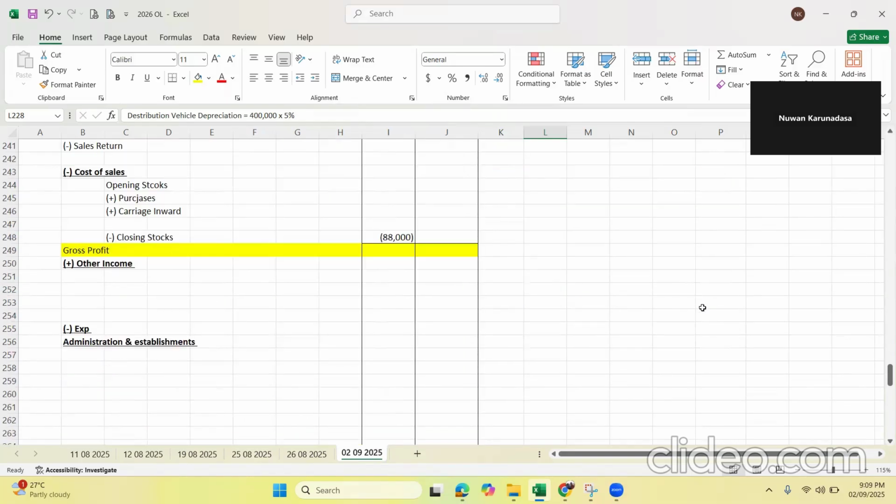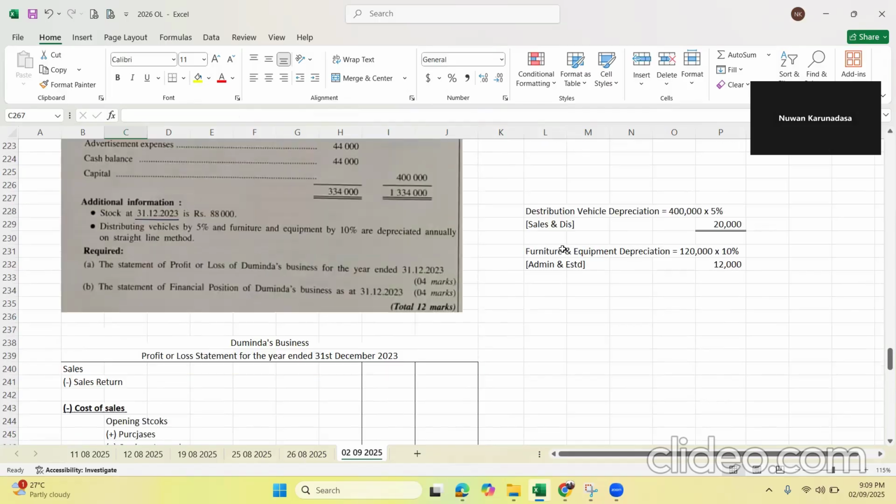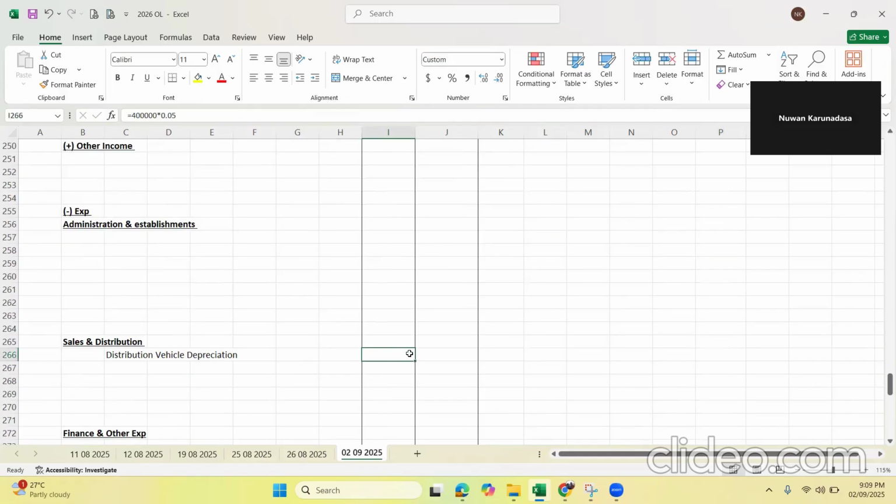It is sales and distribution expense here. We have done the calculation here. Distribution vehicle depreciation came how much? 20,000. Sales and distribution, that is 20,000.